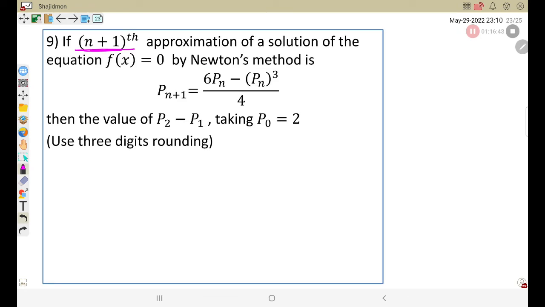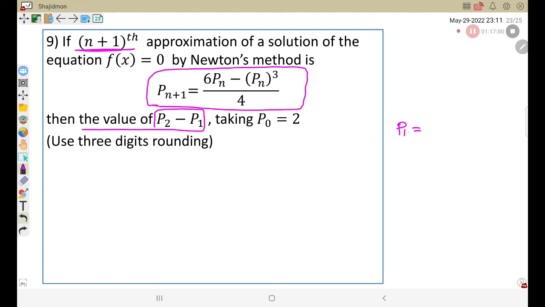Pn plus 1 equals 6 times Pn minus Pn power 3 divided by 4. What is the question? Find the value of P2 minus P1.